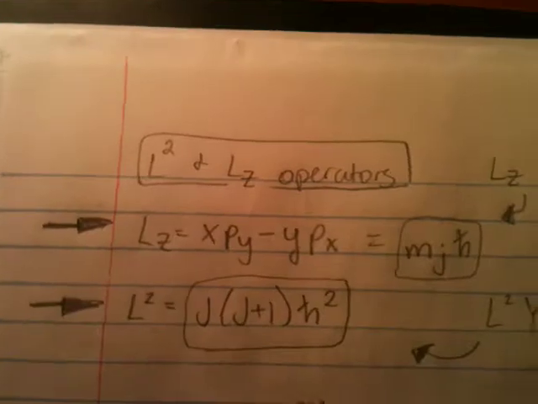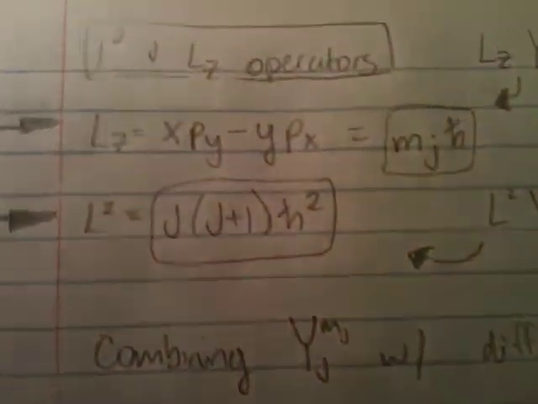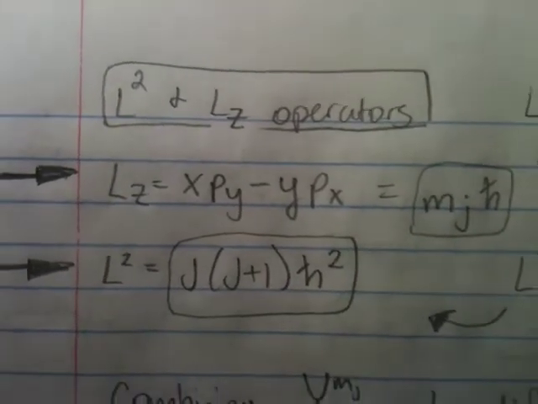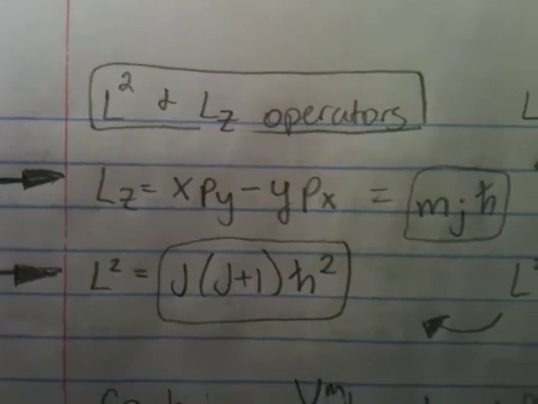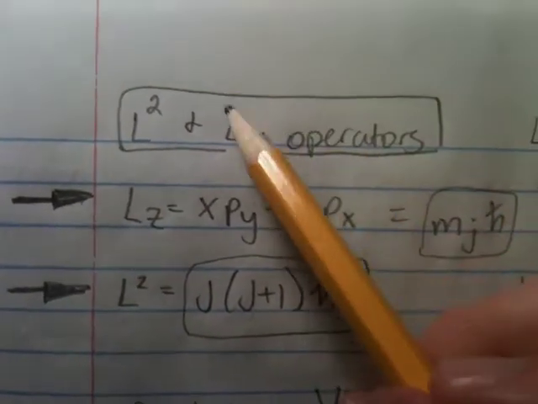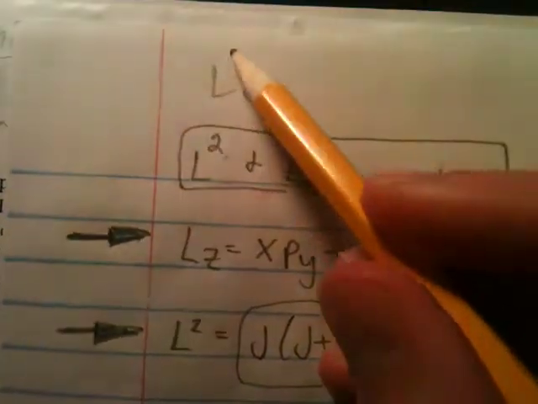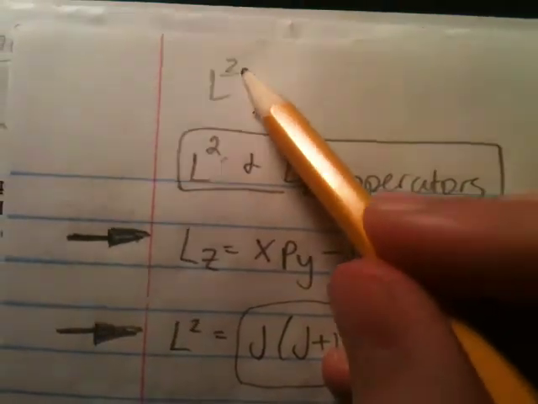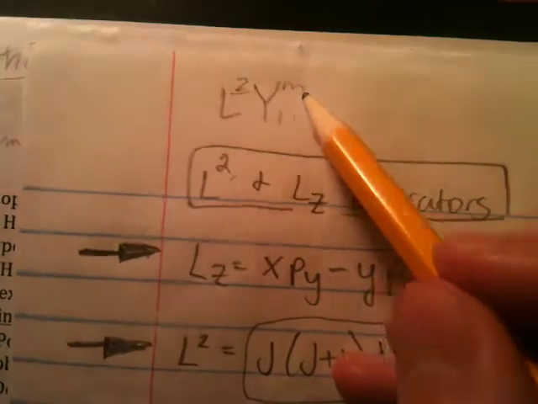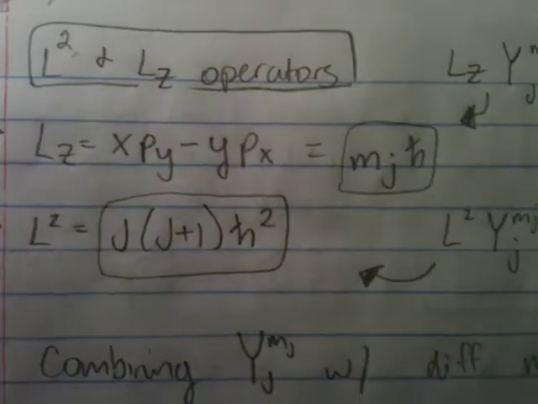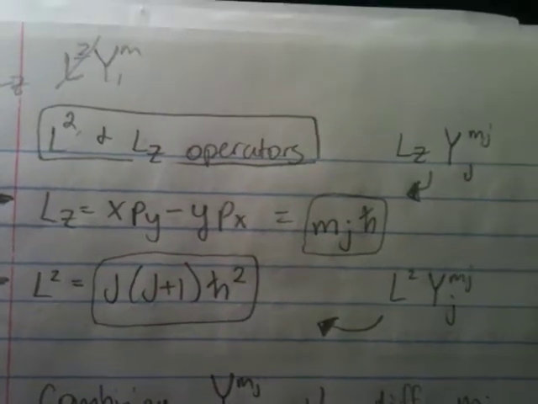One more thing about operators. The two main types of operators we'll be talking about are angular momentum operators, L squared and L sub z. Interestingly enough, these two are interchangeable. If you had L squared on some sort of state, you can interchange this with Lz. Now, what are these equal?